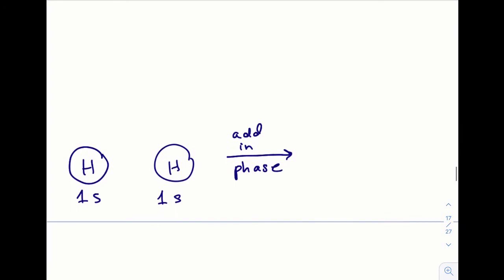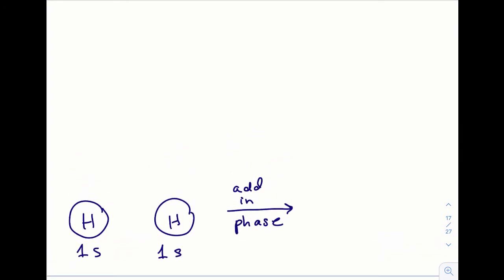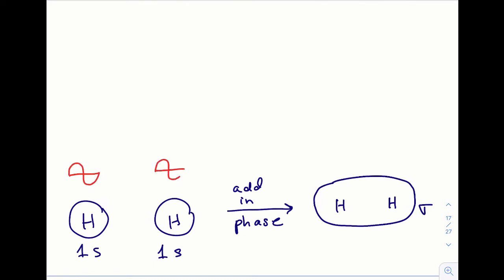There are two possibilities for what can happen when the two 1s orbitals combine. They can add in phase to generate that sigma orbital. Recall that orbitals are described by wave functions. I'll just draw some simple waves here. So I've just drawn generic waves here. Of course, if we're being super technical, there's not a node in the 1s orbital, so maybe I should have just drawn it like that. Let's not worry too much about it.